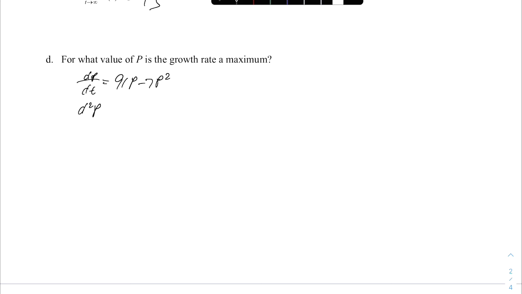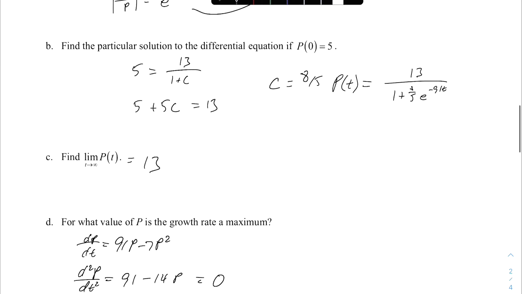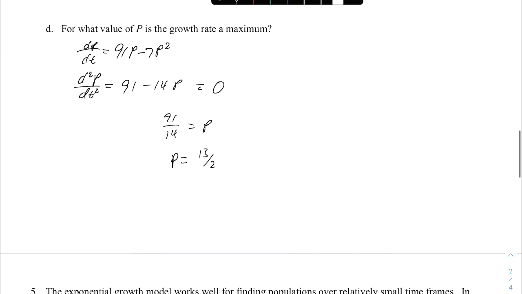Then my second derivative, and if I set it equal to 0, that will be 91 over 14 equals p. And what is that? Divided by 7 divided by 7, p is 13 over 2, which is interesting because we've seen that number before a few times.